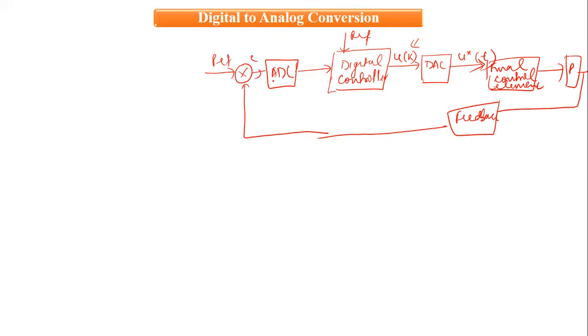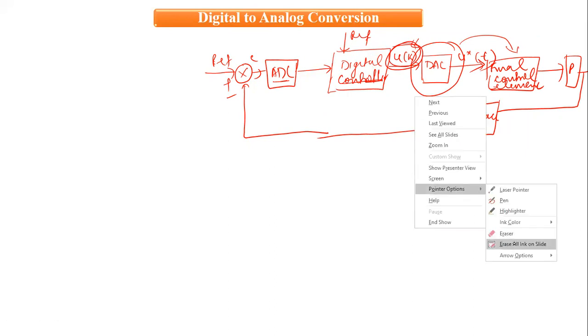So the error will be converted by the A to D converter. That is the only difference, right? Plus minus. So now this D to A converter is used so that the digital output of the digital controller can be used to operate the plant or manipulate the process variables, because the plant in real time will not understand ones and zeros, right?